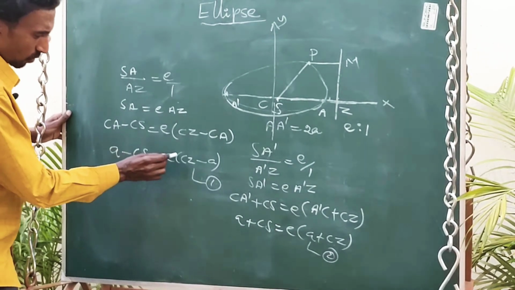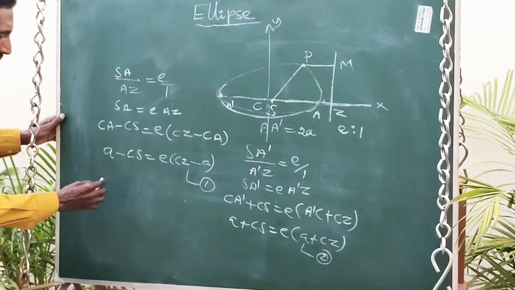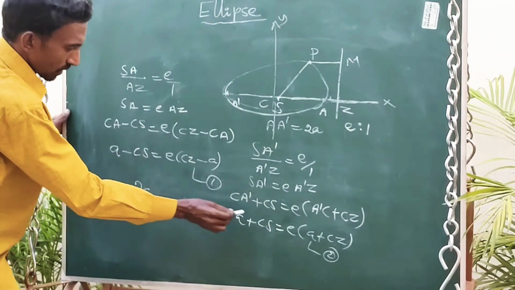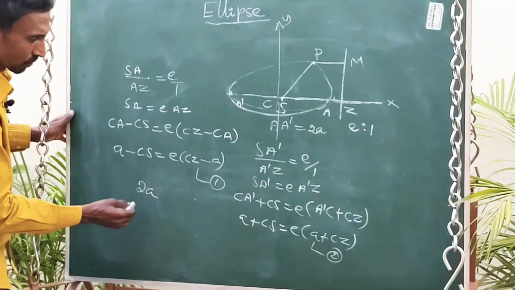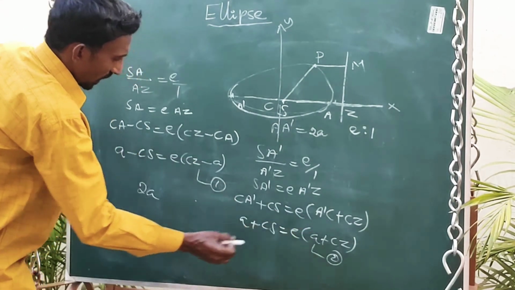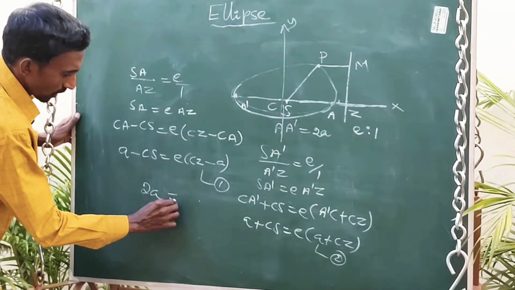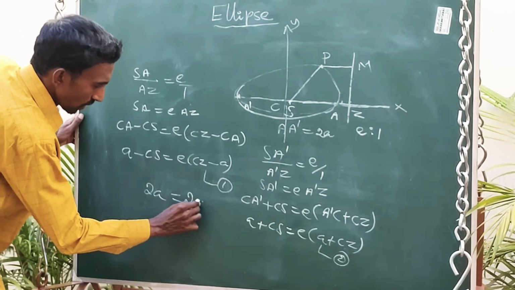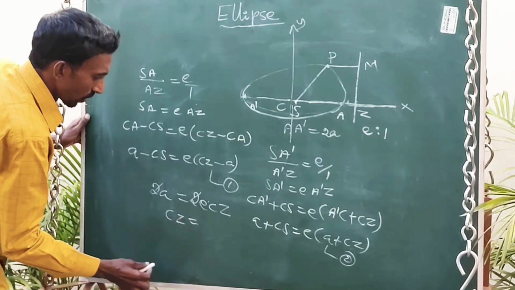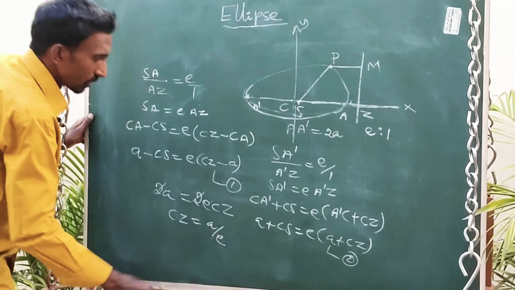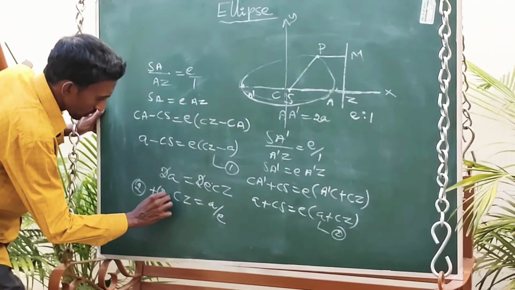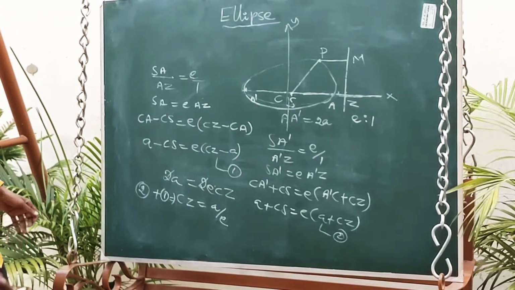A plus A is 2A, minus CS plus CS cancel, minus AE and plus AE cancel, so it equals 2e CZ. The 2 cancels, so CZ equals A by e.